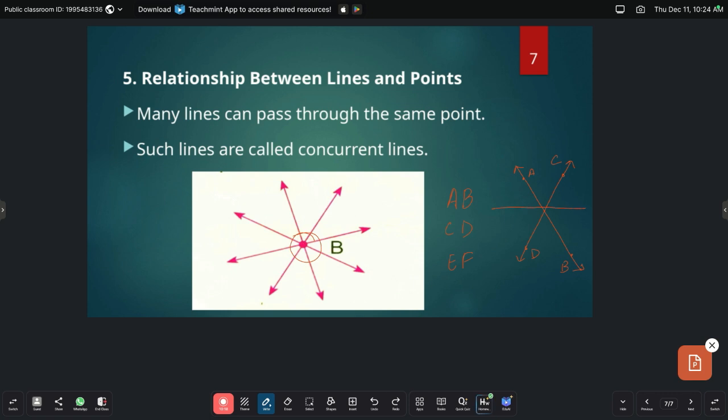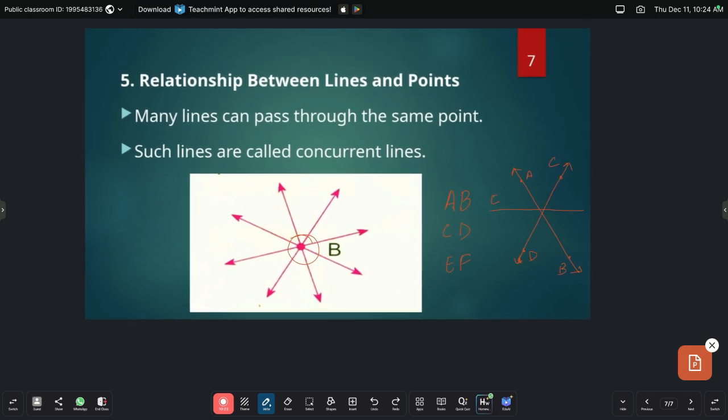Then it is E and here it is F. You can see these three lines AB, CD and EF are passing through the same point, crossing each other at the same point.